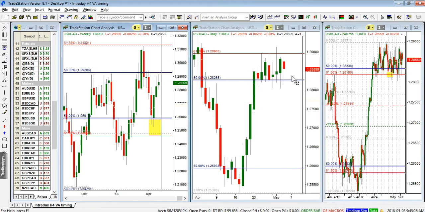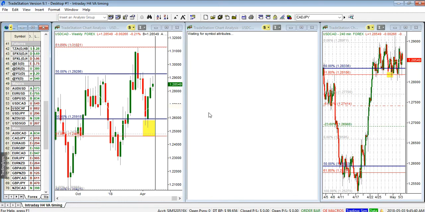So to me, this is not a very interesting market at the moment. If this market starts moving lower again, we might capture a sequence of measured moves going back into the 126 level, but that's not the case yet.